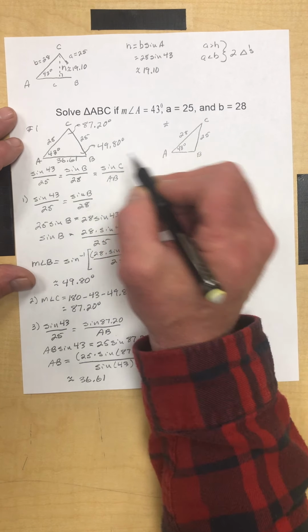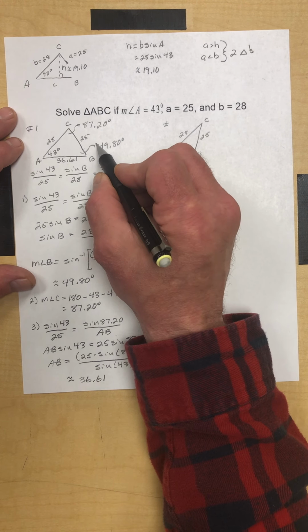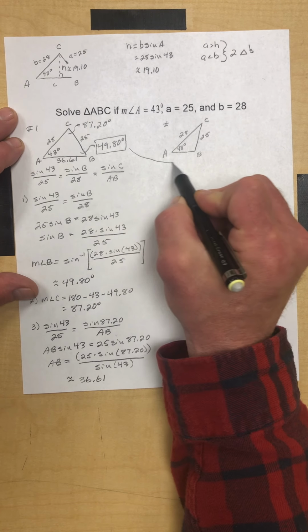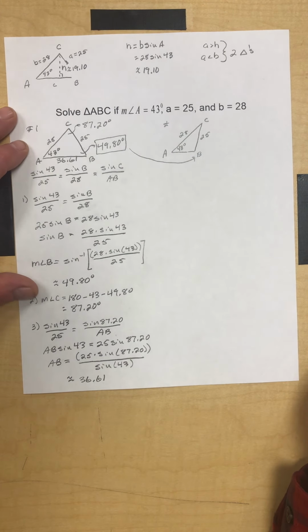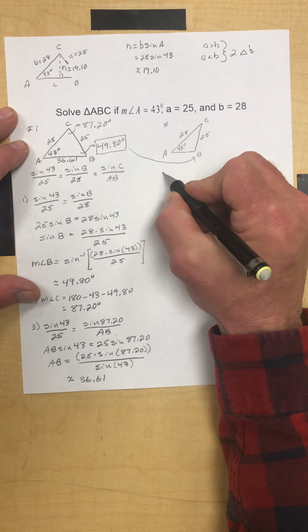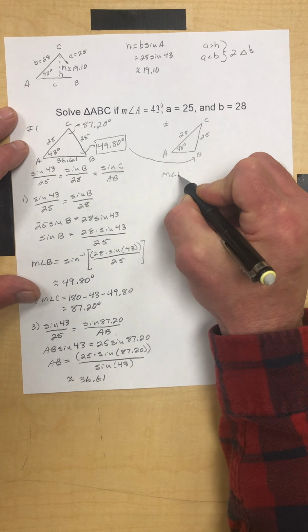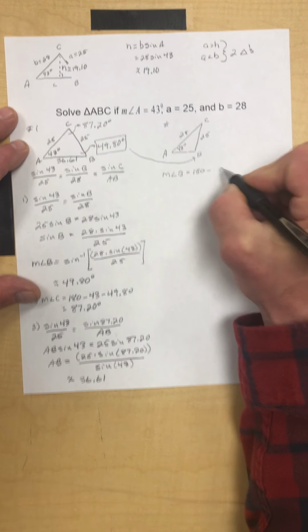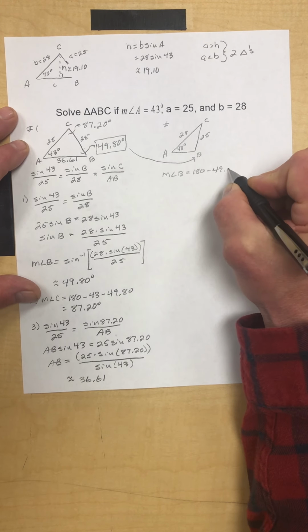Okay, so remember, this angle B here and this angle B here have to be supplementary. So to find the measure of angle B over here, we're going to have to go 180 minus 49.80.